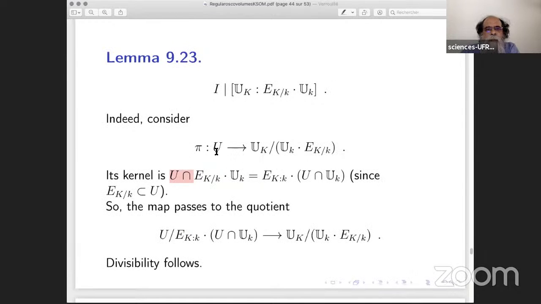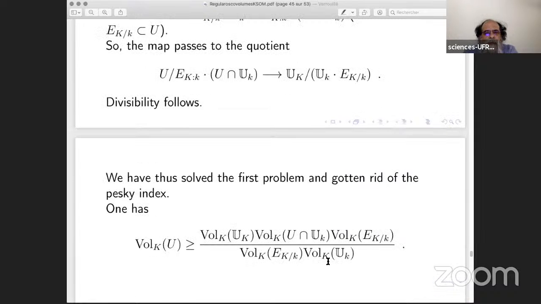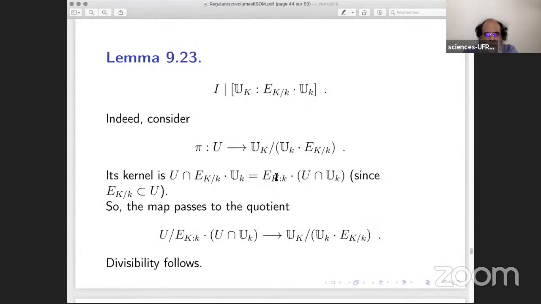You just look at the map going to the quotient, compute the kernel, and since the map passes to the quotient, you have this subgroup which maps injectively to that one, and so the indices are divisible because the image is a subgroup of that other one.